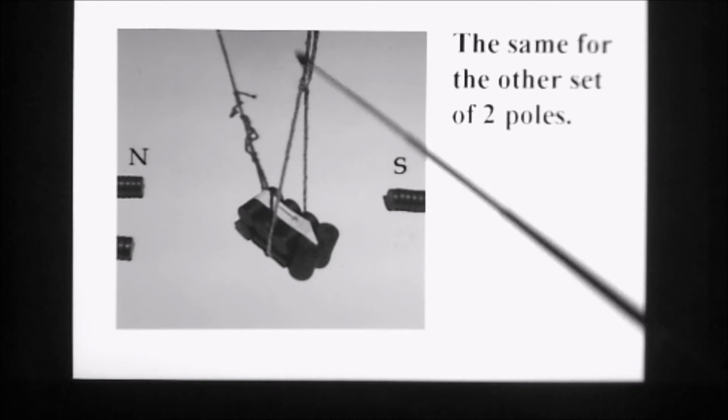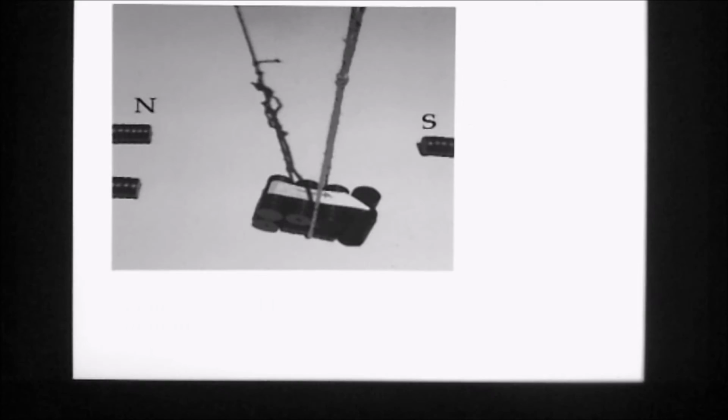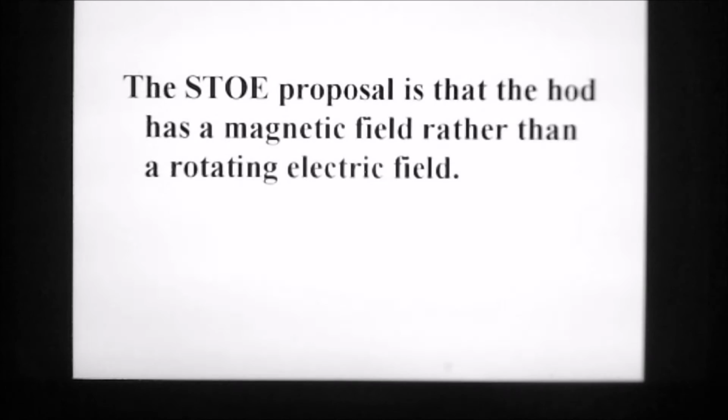The other set of poles has the same kind of thing as it swings. The STOE proposal is that the hod has a magnetic field rather than a rotating electric field. And that's what causes the observation.